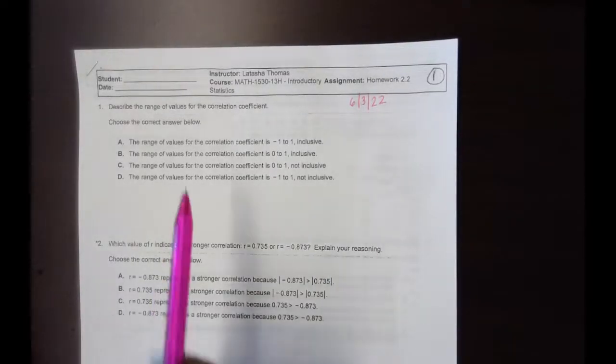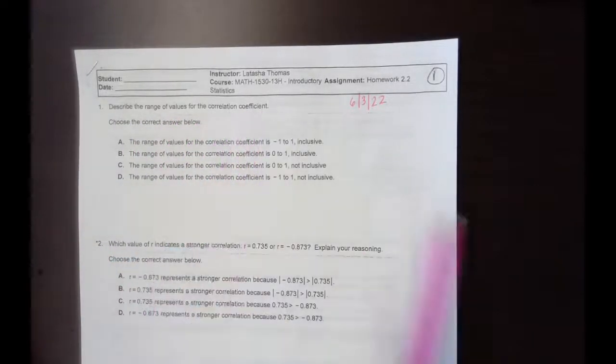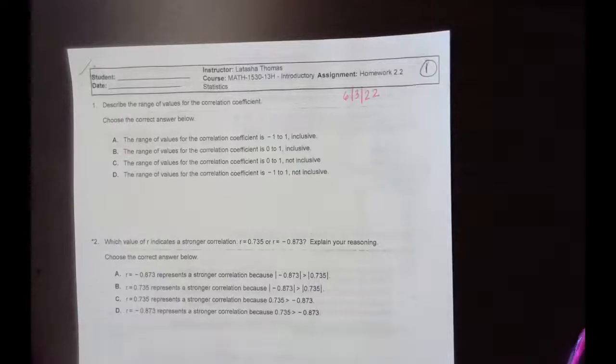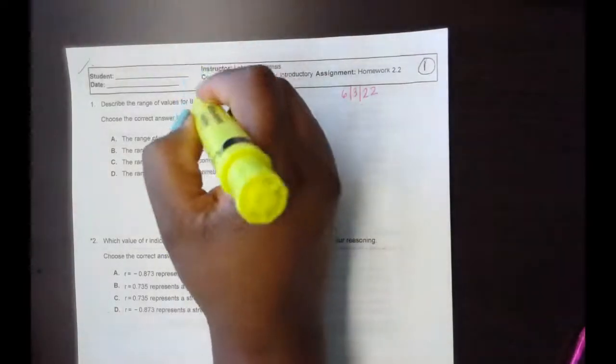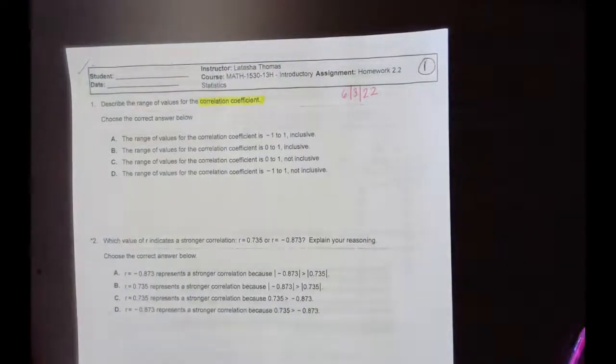So the first question says, describe the range of values for the correlation coefficient. So let's jump right into it. What is a correlation coefficient? Outside of math, the word correlation means relationship, how things relate or associate to one another.